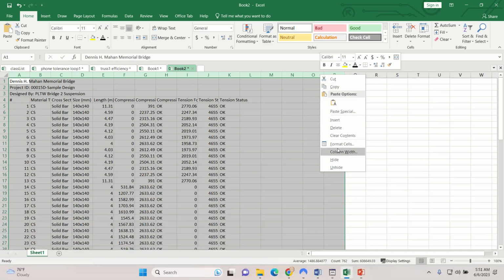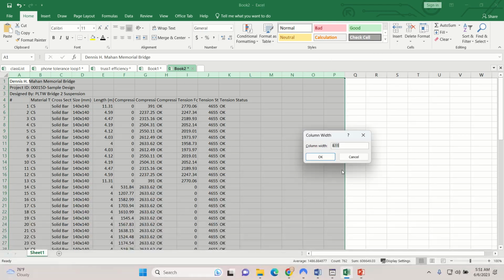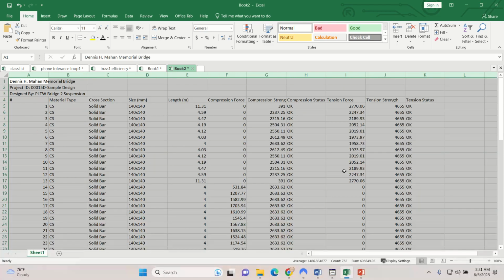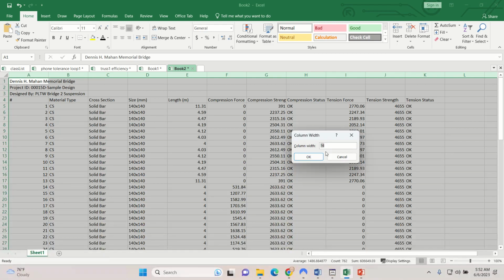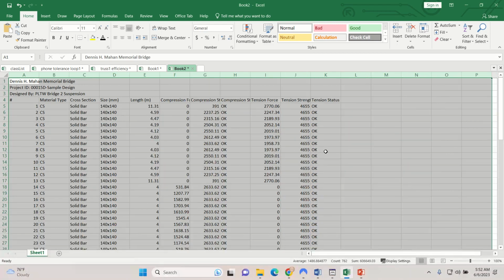I will right click and do column width, and about, that's even more than I need. Make it 12. Okay, I needed to see a couple of numbers here.